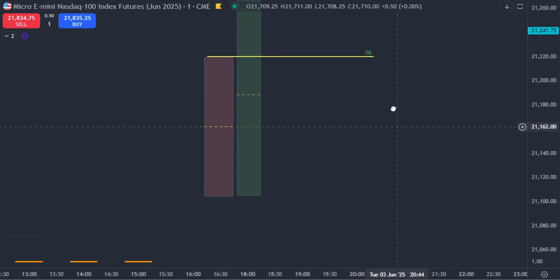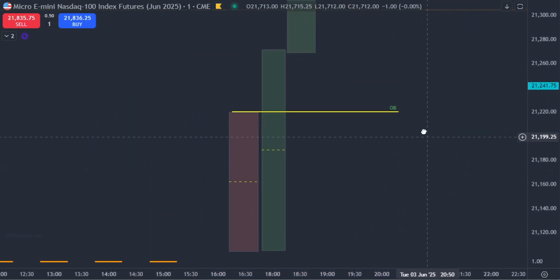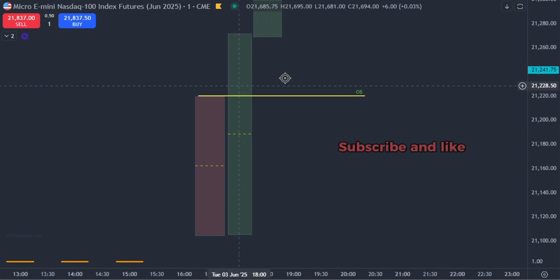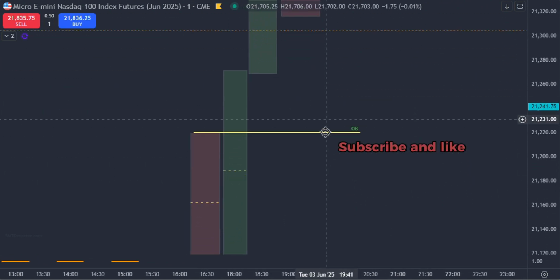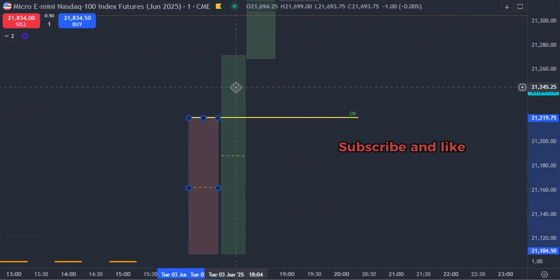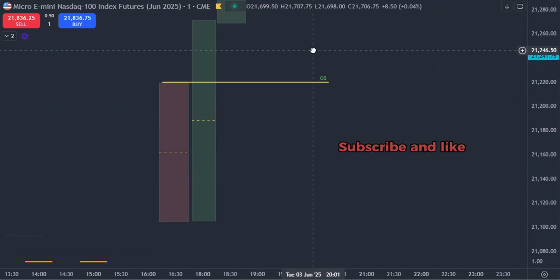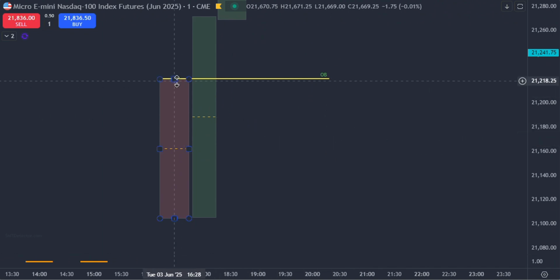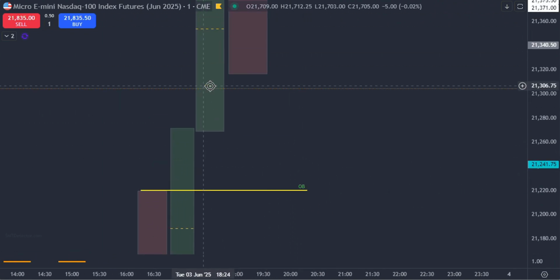So I know my drawings are not that good, but let's say this is a buy program. So these candles are on the hourly time frame. This is going to be our order block, and then you'll see a gap.